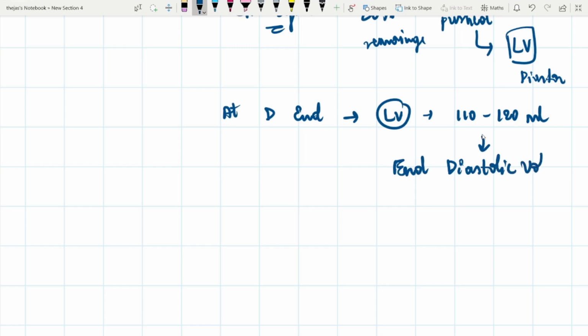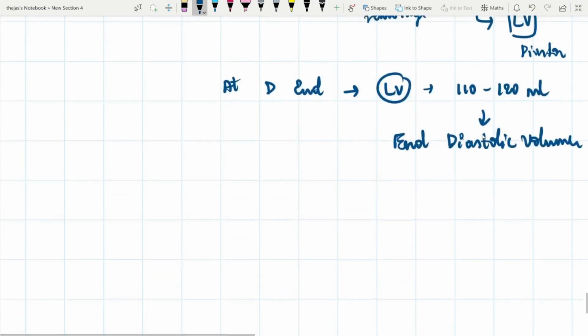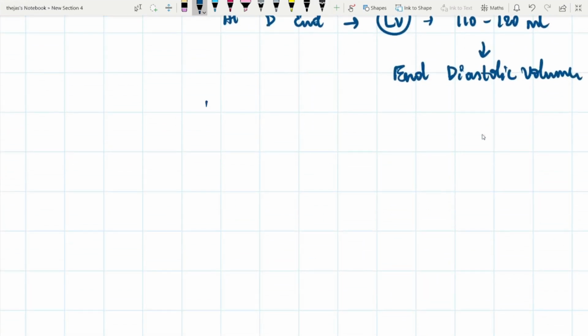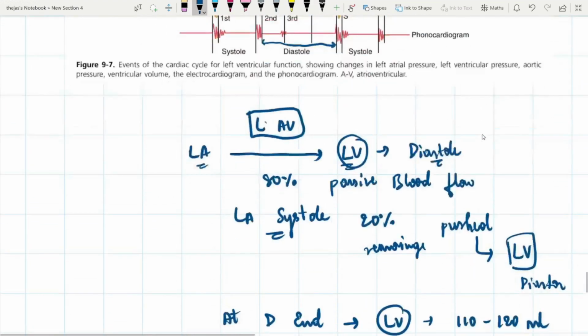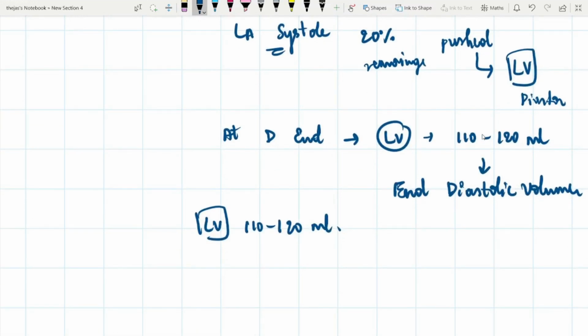So there is left ventricular cavity filled with blood now, 110 to 120 milliliter. So now what happens? This is called rapid filling phase. I told you, in phase, rapid filling phase.